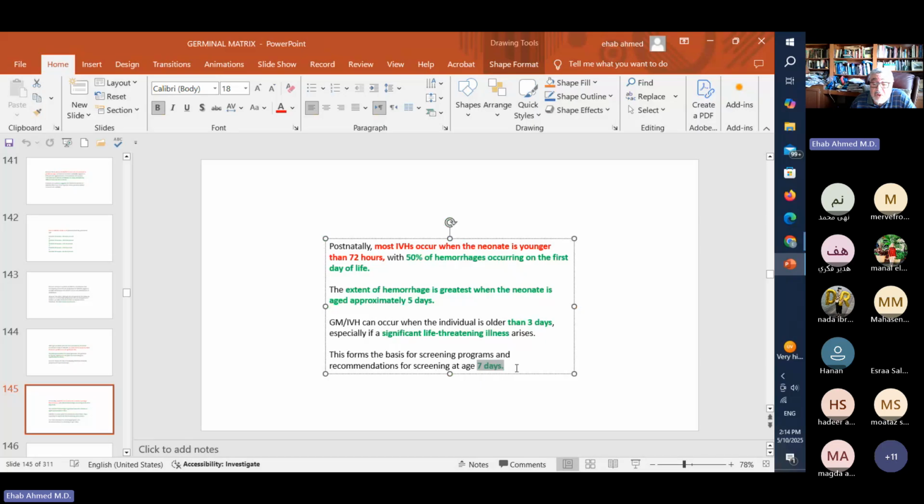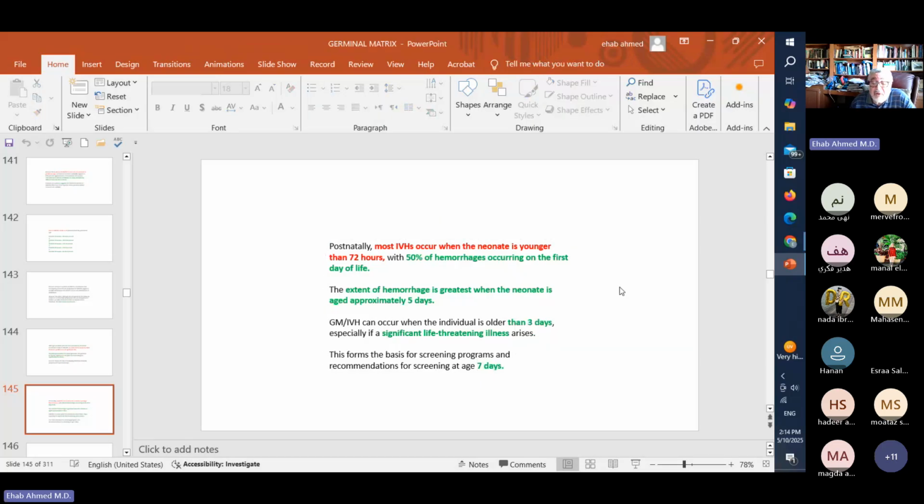It is very unusual to have a preterm baby who is more than 7 days old and did not have GM-IVH before to have it after 7 days. This is extremely important in your differential diagnosis and management.